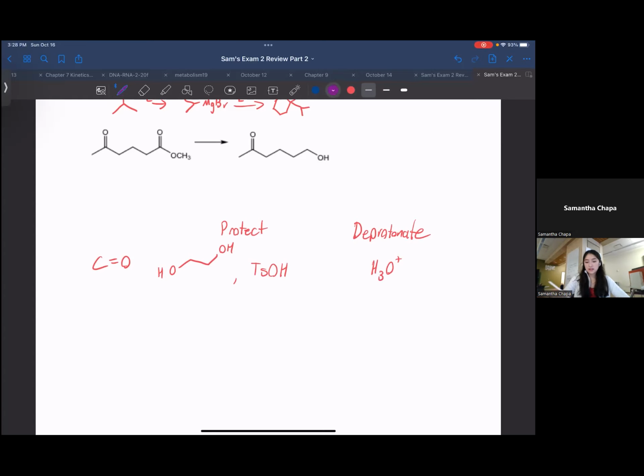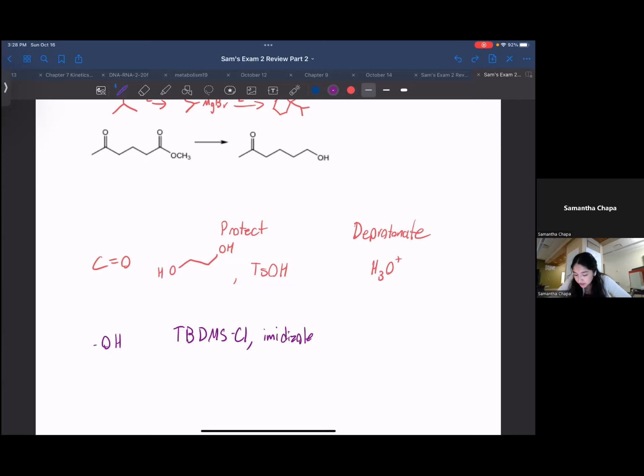And so another one that we can keep in mind for a protecting group is the ones that protect the OHs. And for this, I use TBDMS chloride in imidazole. You can't forget to put commas with the solvents in them or the acids with them, because you'll have points taken off.